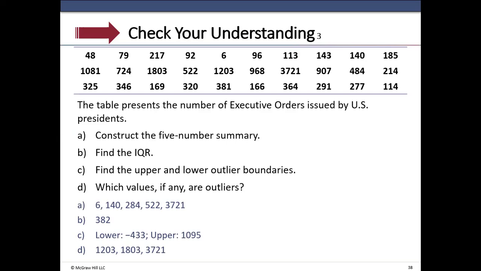And then Q3 plus 1.5 IQR gives you 1095. Any number greater than 1095? Yes. And these are in the second row, you have 1803, 1203, and the last number you have is 3721. That's also in the second row. These three numbers in the second row are outliers.